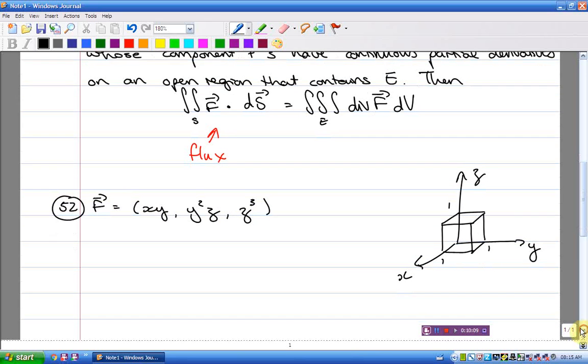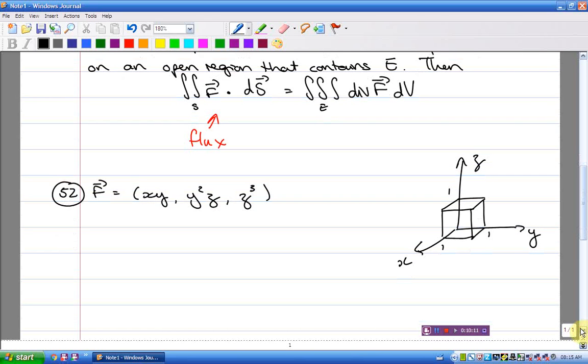If you'll forgive me, I will not do it straight up as flux because we're so short of time at the moment, having fallen behind. But it will go up in the worked solutions. To do it by surface integral, the flux would actually be 6 surface integrals, because that cube consists of 6 surfaces.